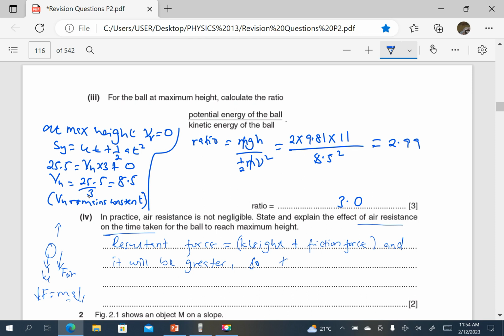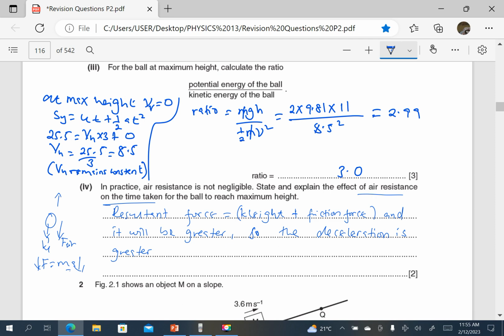So the deceleration is greater. And if the deceleration is greater for this ball, then it means it will take a small period of time to reach its maximum height. Hence, the time is less.